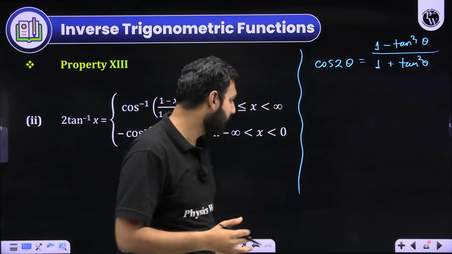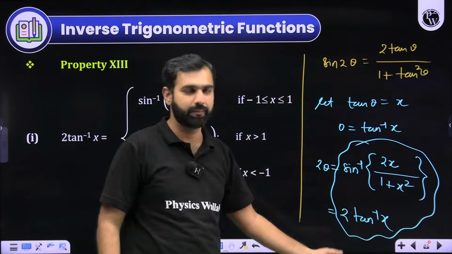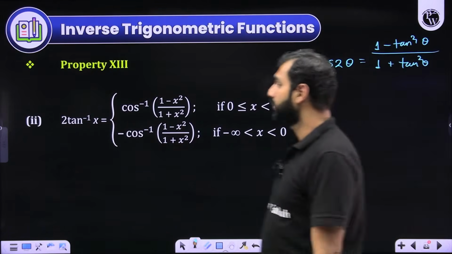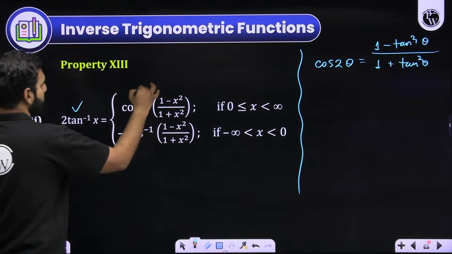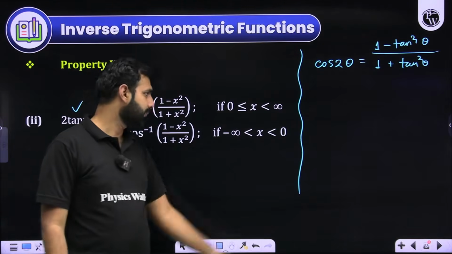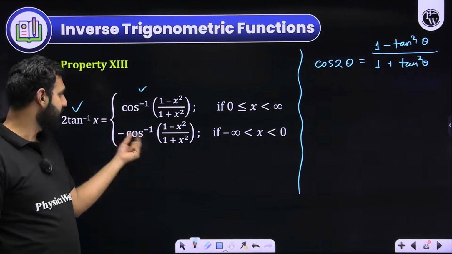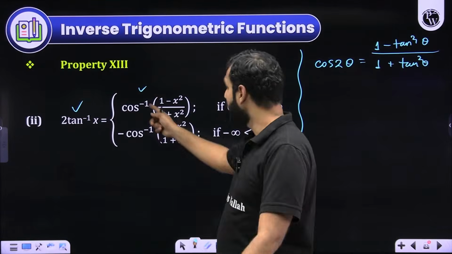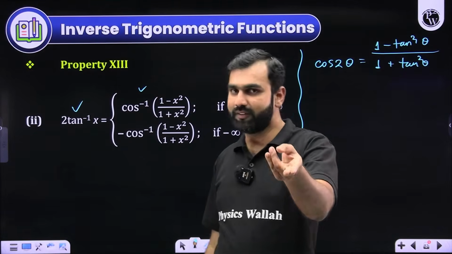And again, the way we have proved it previously, in the same fashion, here also you can prove this result. There also you need to remember that 2 tan inverse x can be written as cos inverse of 1 minus x square upon 1 plus x square, as long as x is positive. And if x is negative, then there should be a minus sign. Because again, the constraint is that cos inverse will give you values between 0 to pi.